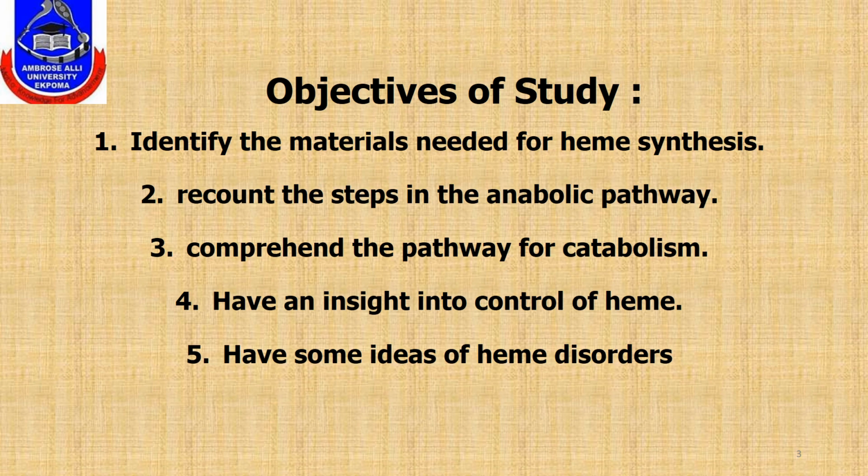Our focus for this study will be to identify the materials needed for heme synthesis, recount the steps in the anabolic pathway of heme synthesis, comprehend the pathway for catabolism of heme, have an insight into control of heme biosynthesis, and finally have some ideas of heme disorders.